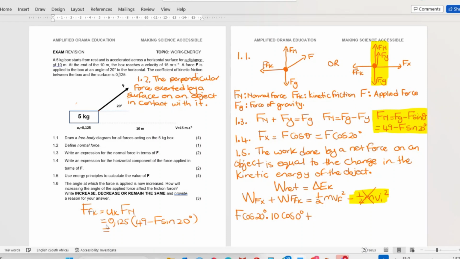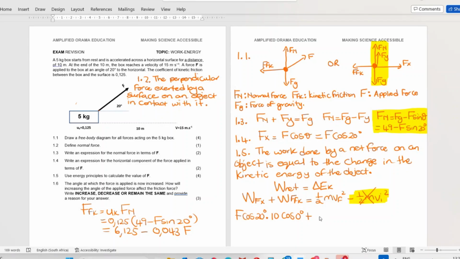If we multiply the 49 by the 0.125, 0.125 times 49, we get 6.125 minus 0.125 multiplied by sine 20 degrees, you will get 0.043 F, and that would be an expression for the kinetic friction.